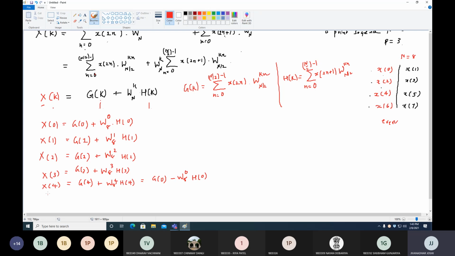Similarly, x of 5 equals g of 5 plus w8 raised to 5 h of 5, which equals g of 1 minus w8 raised to 1 h of 1.